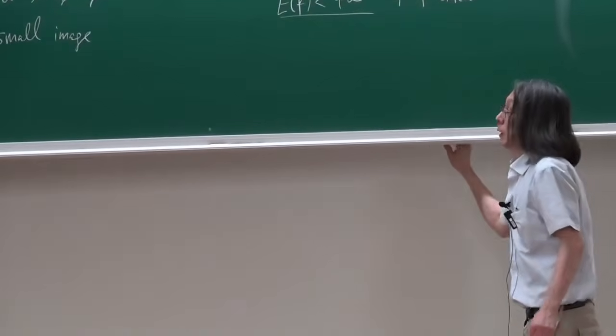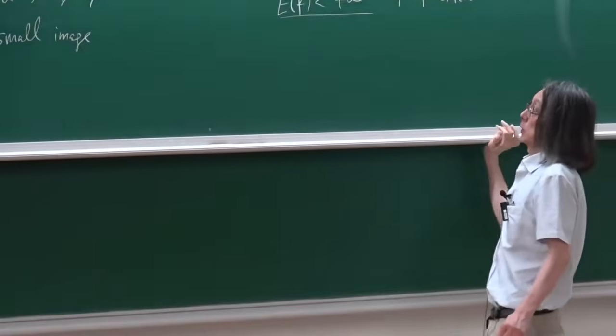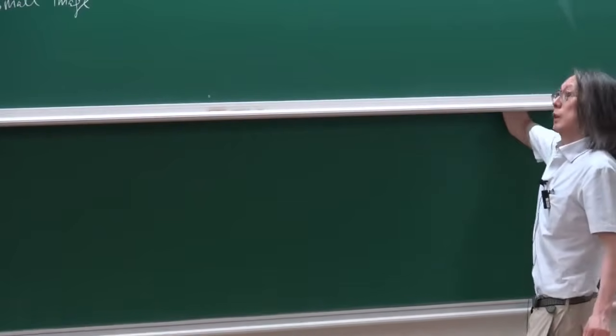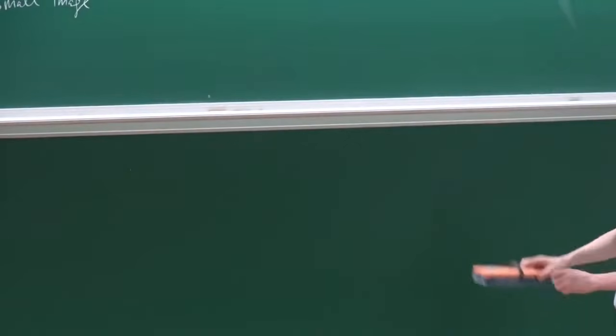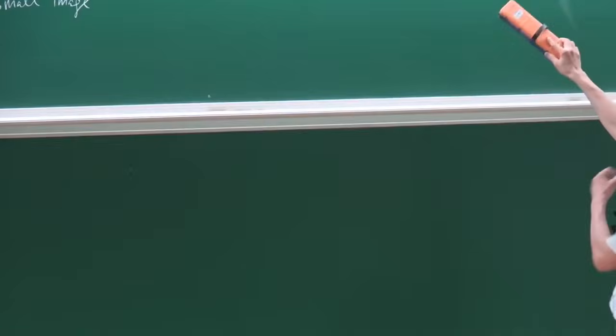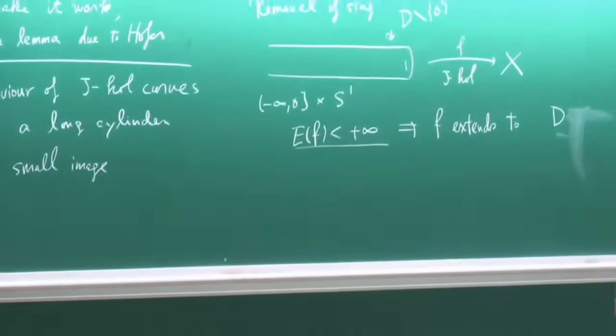Or if you look at the derivative, then the derivative belongs to the W^{1,p} class, and after that, regularity theory tells us that this is a holomorphic map from the disk. So this is the last time.